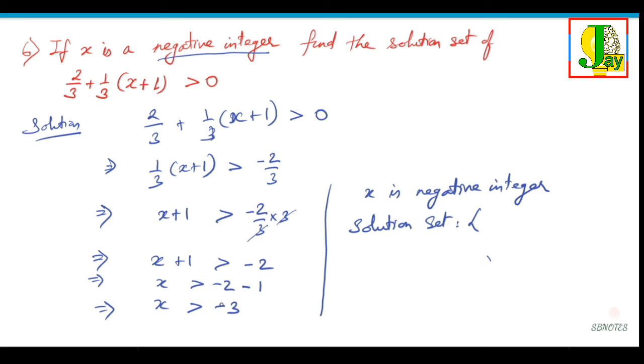Now we have to write those numbers which are greater than minus 3 and are negative. So we have minus 1, minus 2, minus 3. We cannot write minus 3 since it is greater than and not equal to, only greater than. So these are the two negative integers which are greater than minus 3.